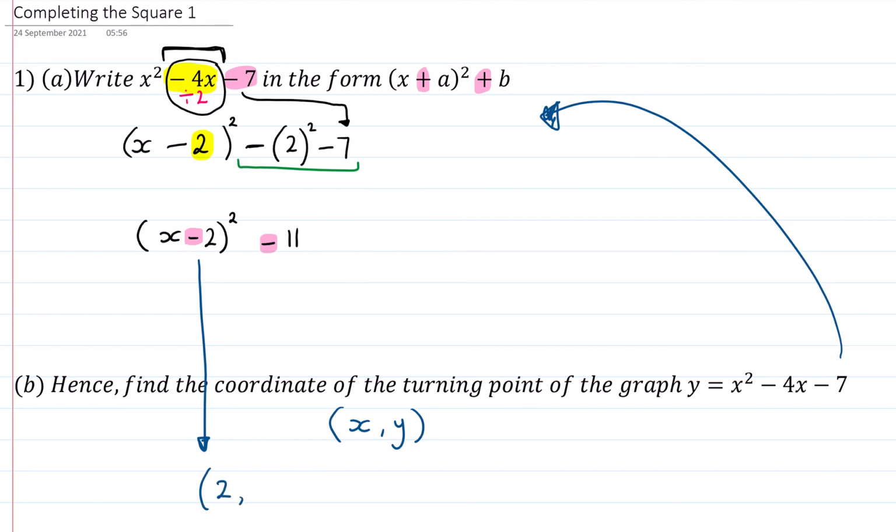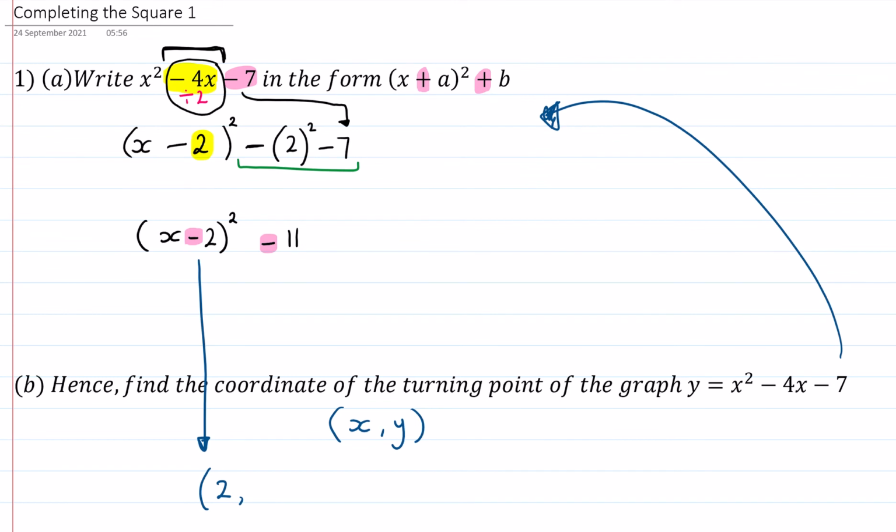You look at the number inside the bracket, and the number inside the bracket is a -2, and you always swap the sign. If it's a -2, it becomes a +2. And then the y coordinate is that number there, exactly as it is. You don't swap the sign. This says -11, so my y coordinate of the turning point is -11.